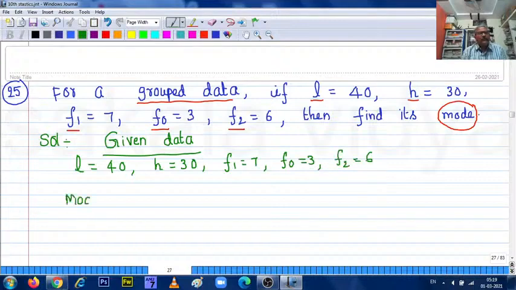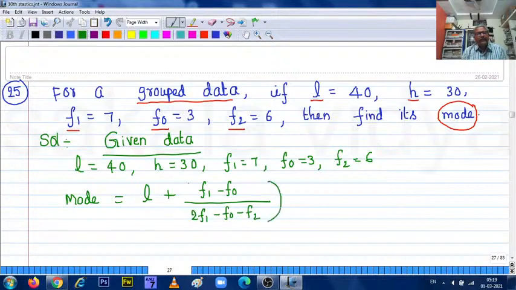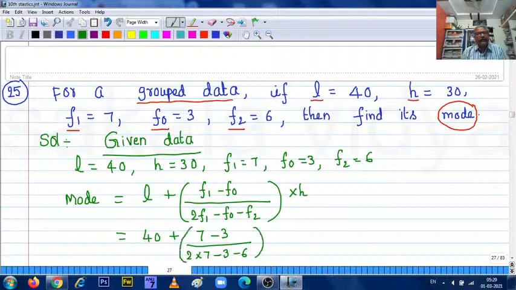Now mode equals L plus F1 minus F0 upon 2F1 minus F0 minus F2 multiplied by H. So let us substitute the values. L stands for 40 plus F1 is 7 minus F0 is 3, upon 2 times F1 which is 7, minus F0 which is 3, minus F2 which is 6, multiplied by H which is 30.